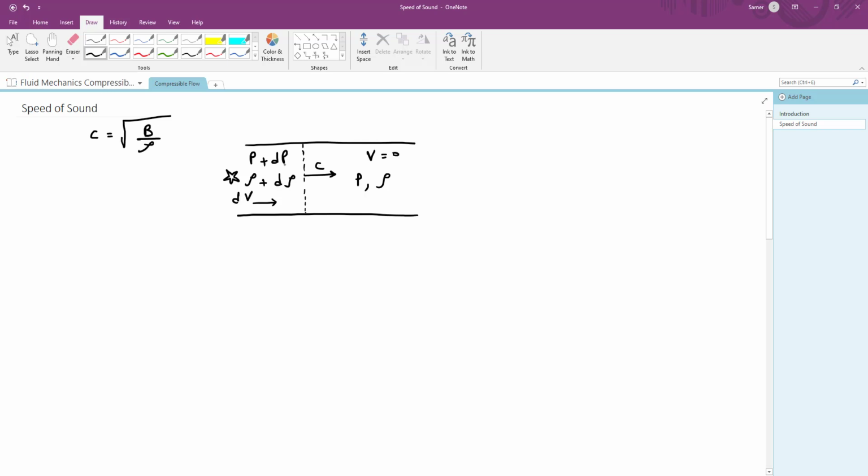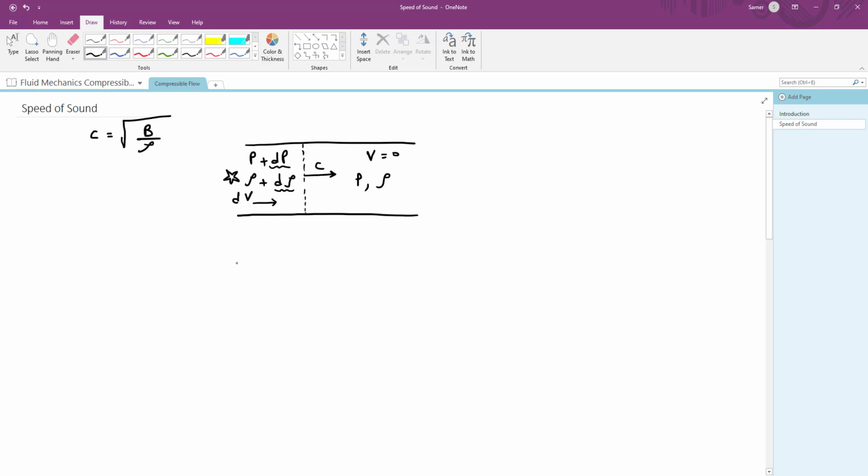Now, why are we talking about only differential changes dP, d rho, and dV? Since here we're considering a pressure wave that has infinitesimal strength, created by a very small disturbance. That's why this pressure wave will only cause a very small change in the fluid properties.